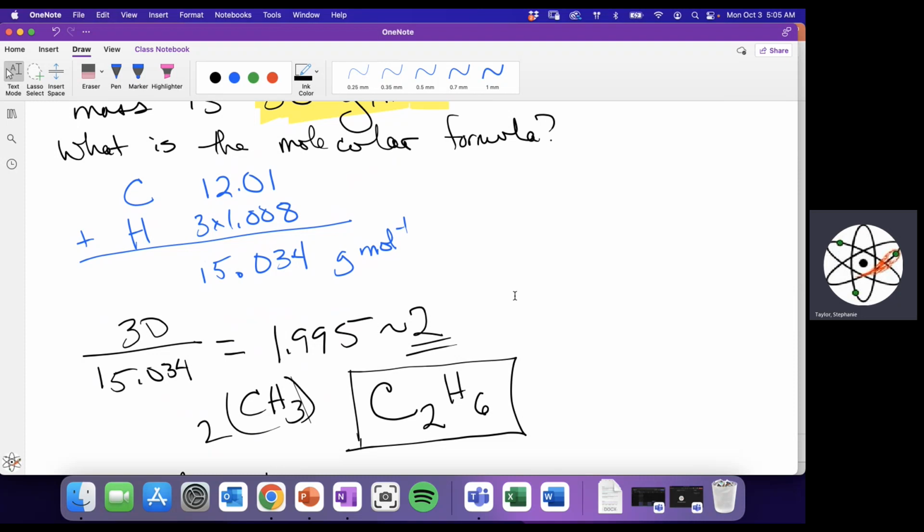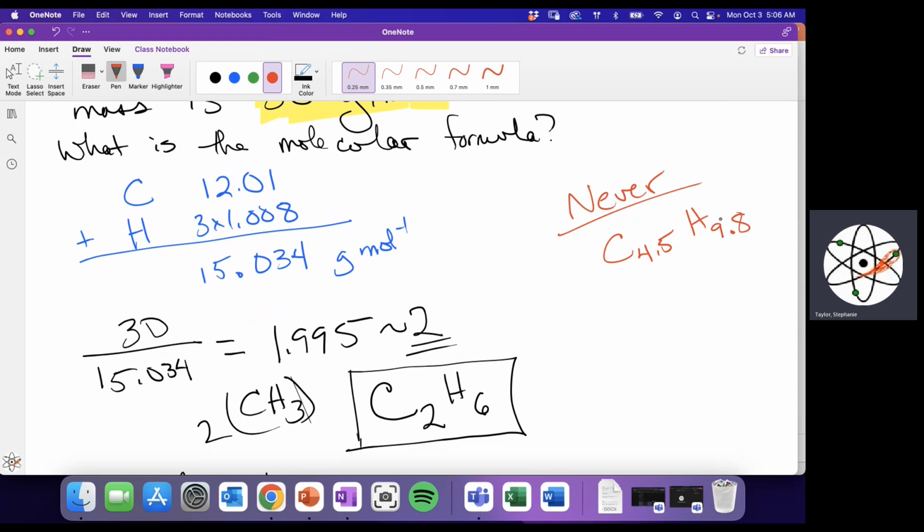I should never see something like C 4.5 and hydrogen, I'm going to get the ratio wrong, 9.8, whatever. So this is not how we report molecules.